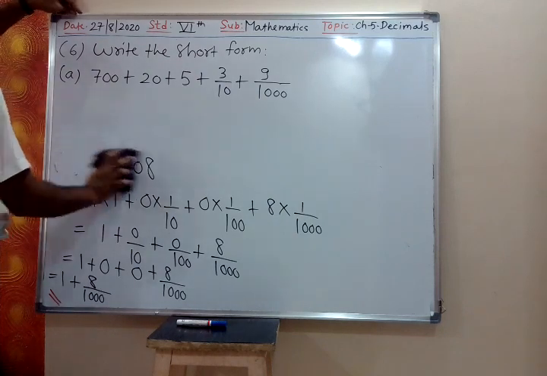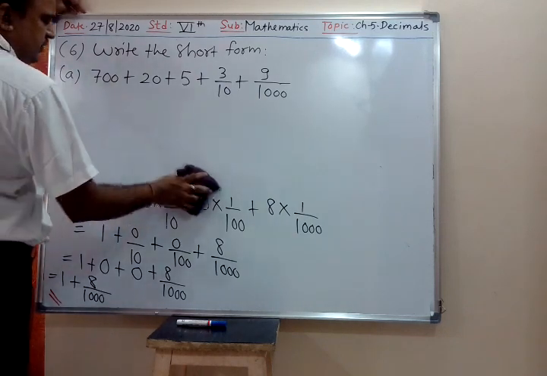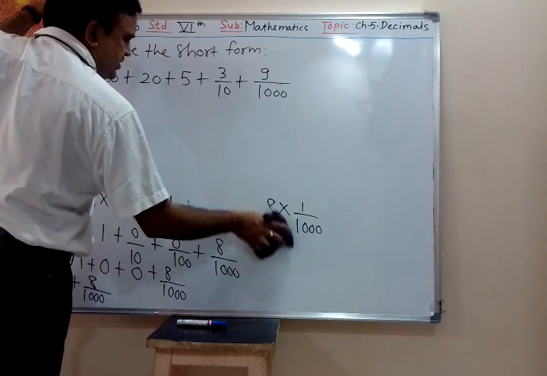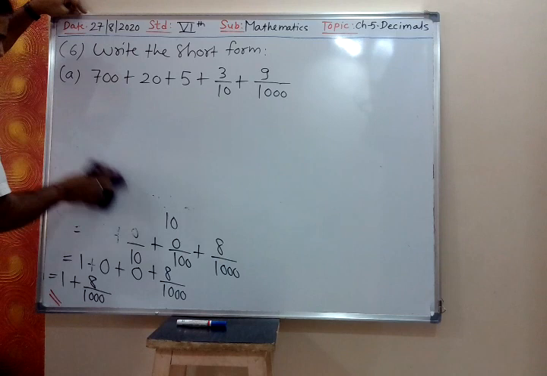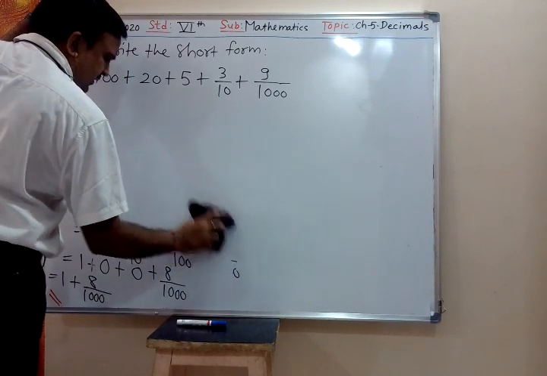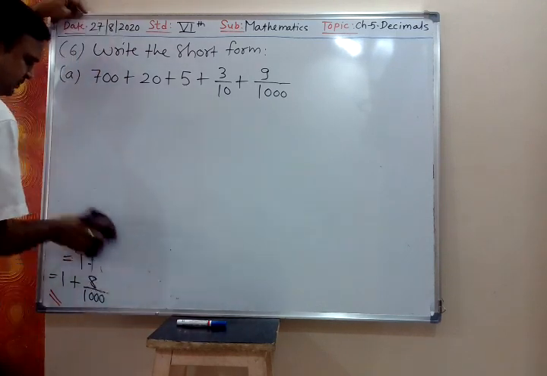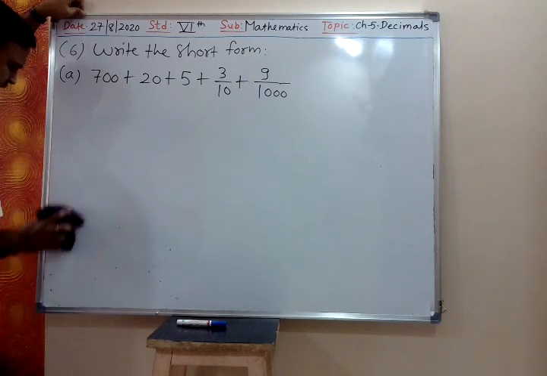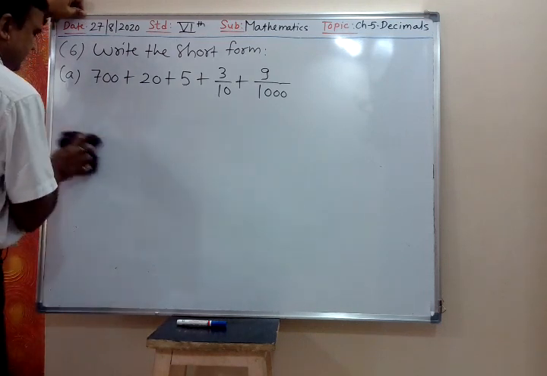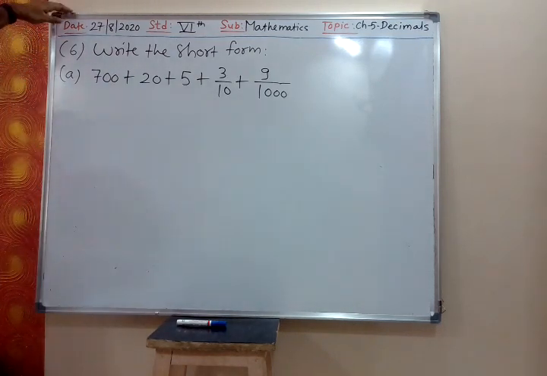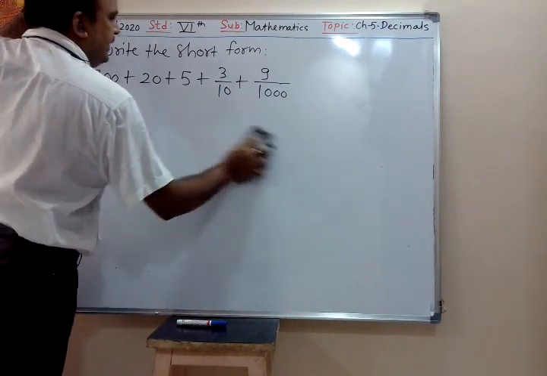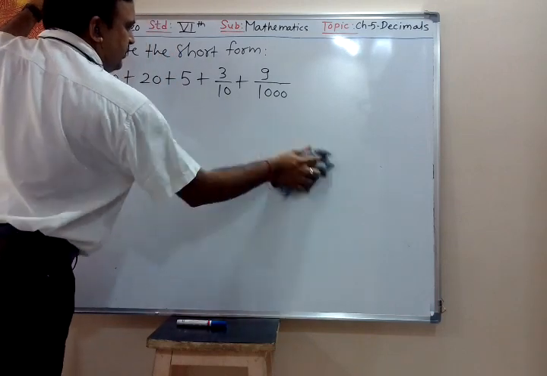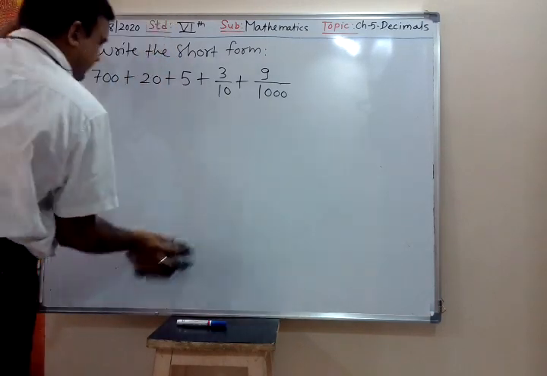There is nothing wrong in the question. The question is perfectly correct. You give some time to explain. No, we are not the magician. We are mathematician. Remember. So 700 plus 20 plus 5 plus 3 upon 10 plus 9 upon 1000.